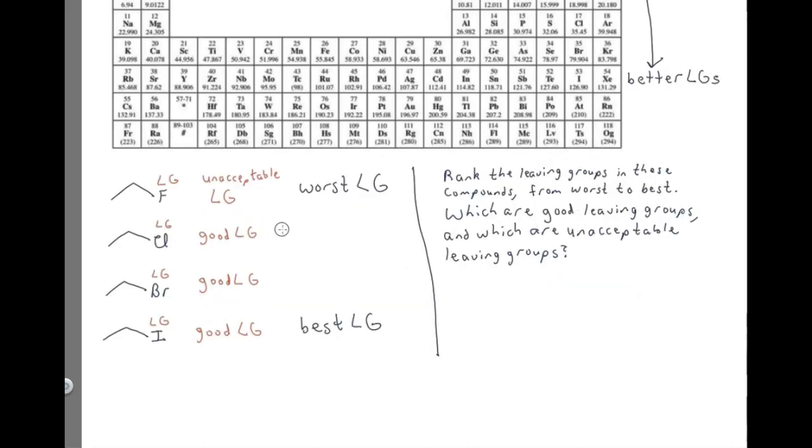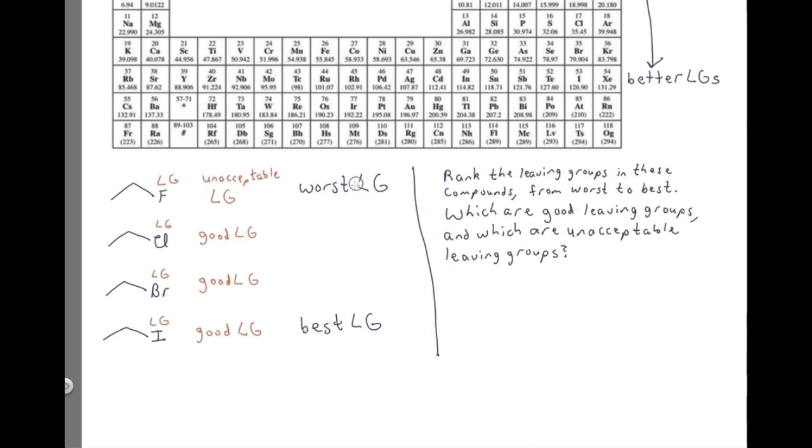So based on those ideas, we would classify the neutral chlorine, neutral bromine, and neutral iodide as good leaving groups. And we would classify this fluorine as an unacceptable leaving group because it's not a neutral atom that we've learned on our list of good leaving groups.